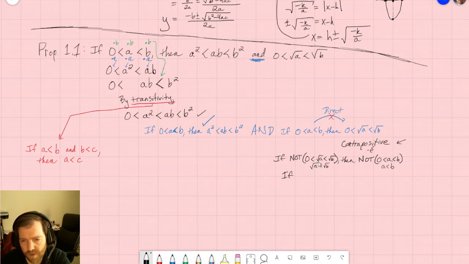If square root of a is less than square root of b was our original statement, and now we want not that, then if the opposite is true, which is that the square root of a is greater than or equal to the square root of b, then the opposite of the other statement is going to be true. So a is going to be greater than or equal to b.